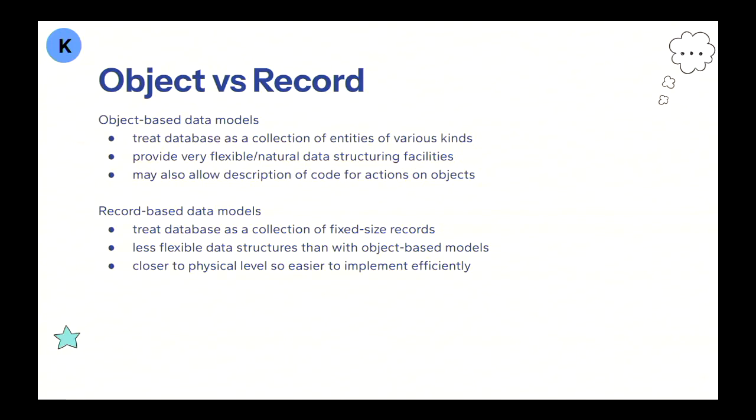So it is less flexible, however, it is normally closer to the physical layer, to how the data is stored, and it is much easier for us to implement efficiently. So this is one of the reasons why PostgreSQL or these SQL-based DBMS are faster than MongoDB. So these are the advantages and disadvantages of objects versus record.